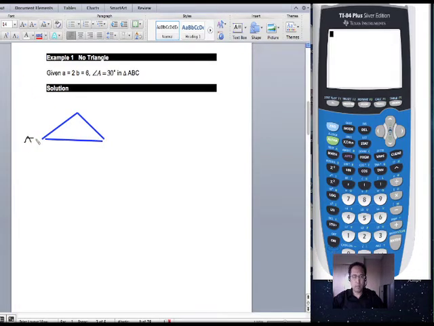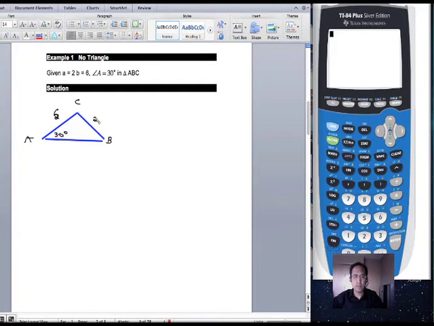Right at this point, A is 2, B is 6, A is 30 degrees. So we can solve this triangle.